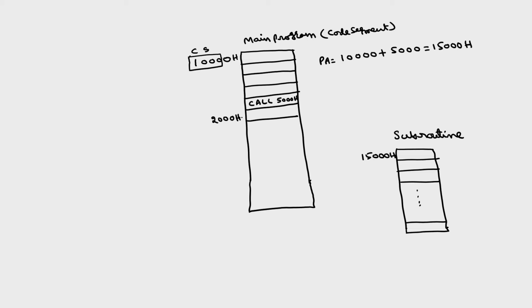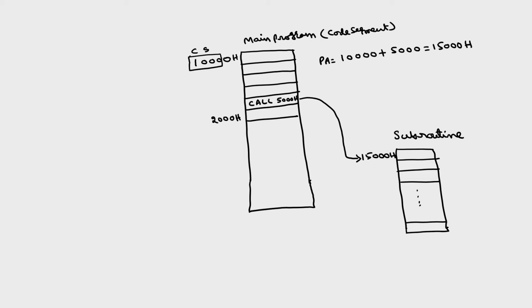Whenever the microprocessor executes this call instruction, it will calculate the physical address from where this subroutine is to be called, that is 15,000 H. So, the microprocessor control goes to this instruction, it will execute this. After the execution of the subroutine, it has to return back to the main program.